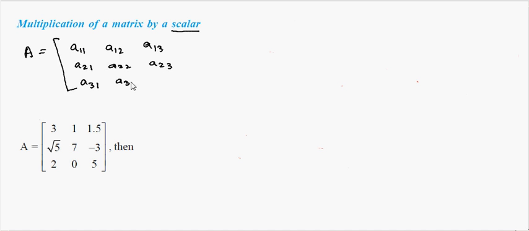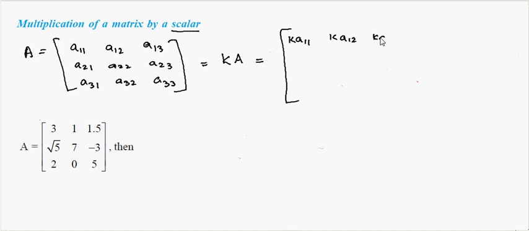A31, A32, A33. If I have to multiply the matrix by a scalar k, that is kA, it means you need to multiply that scalar with each and every element of that matrix. So it will become kA11, kA12, kA13.